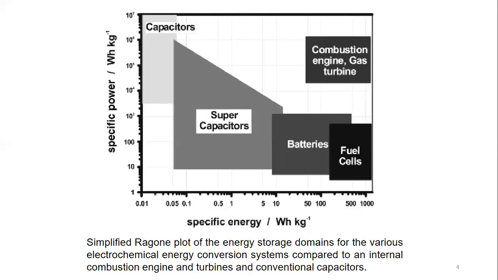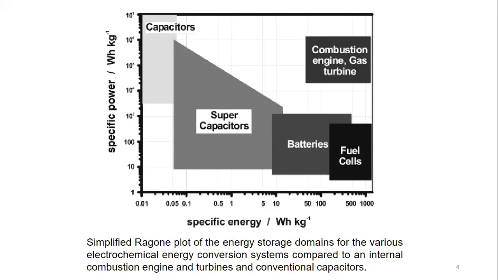It's really very important that if you compare here, on your y-axis there is the specific power, and I told you that specific power has the unit of watt per kilogram. And we also have the specific energy on your x-axis, that is watt hour per kilogram. So you can just compare.